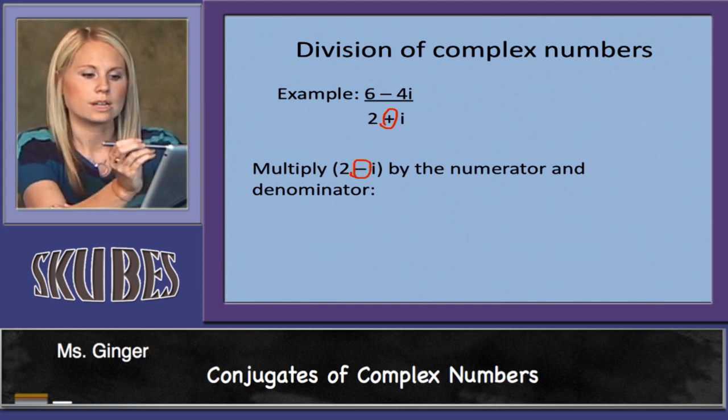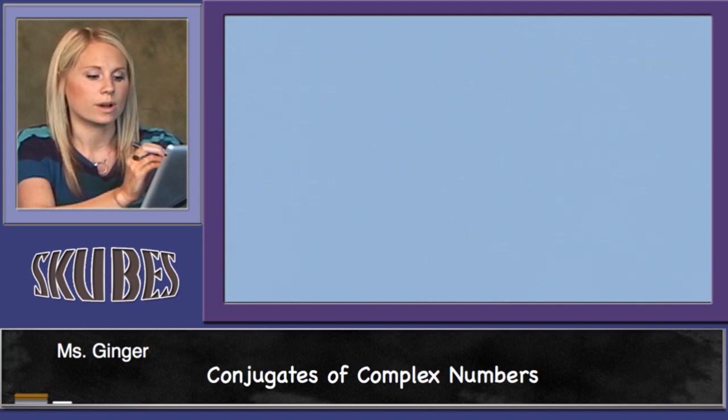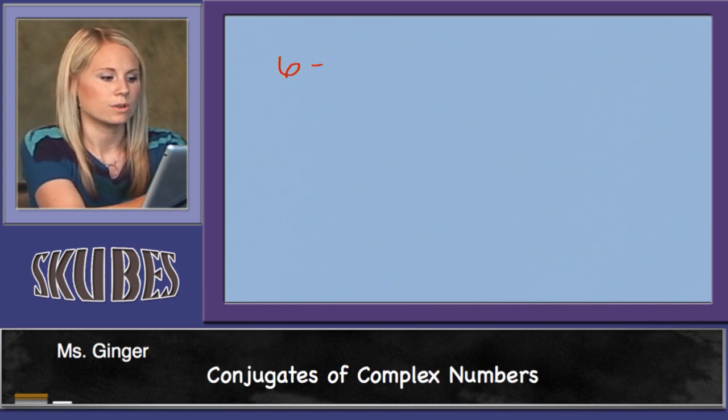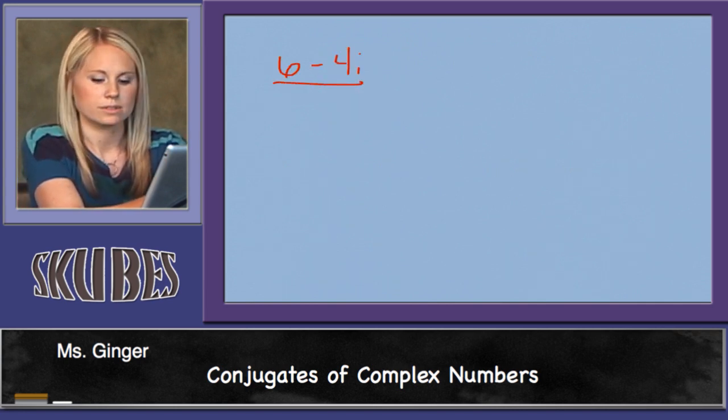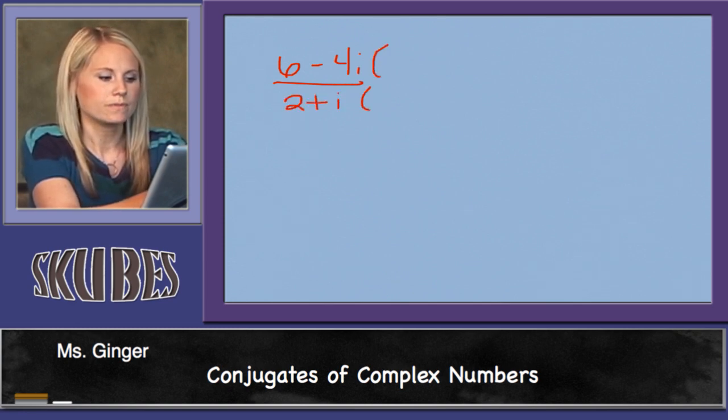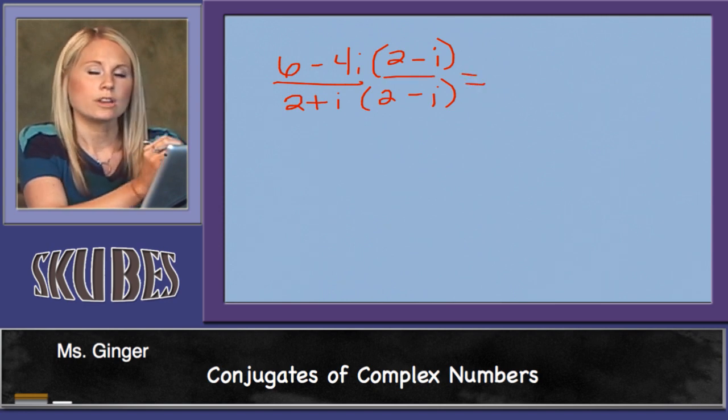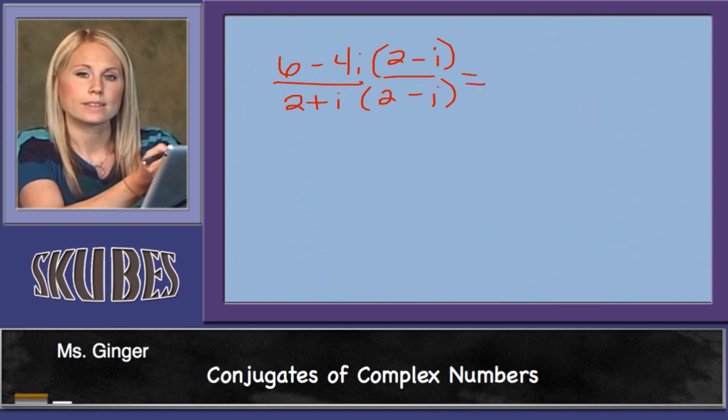So on the next screen, I'm going to rewrite this since we have quite a lot of multiplication to do, and I'm going to show you those steps. We've got 6 minus 4i over 2 plus i. That was the original problem. And we're going to attach 2 minus i on the top and the bottom here. We're going to use the FOIL method for multiplying these out.